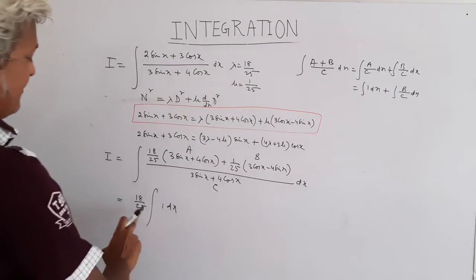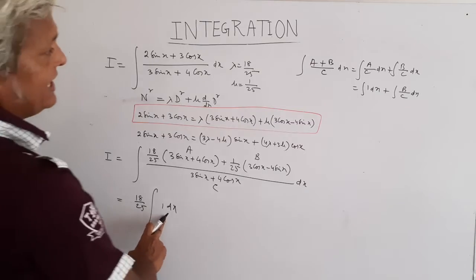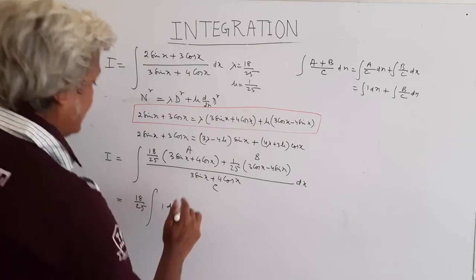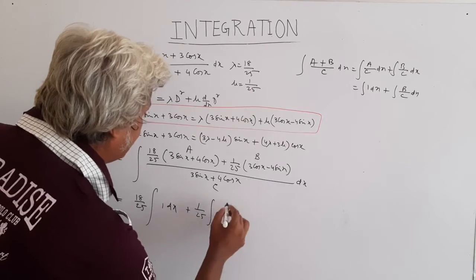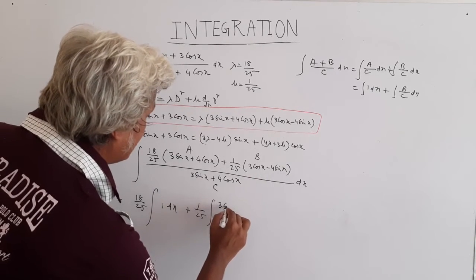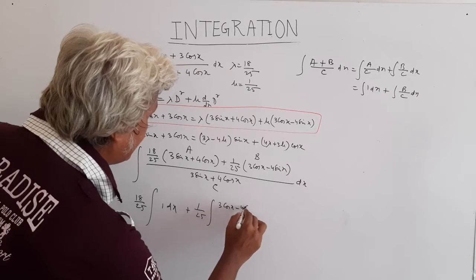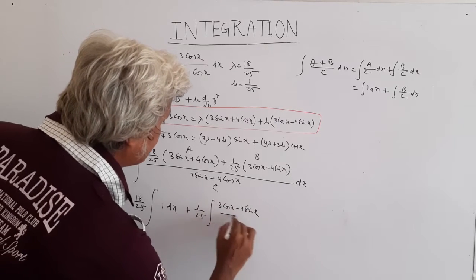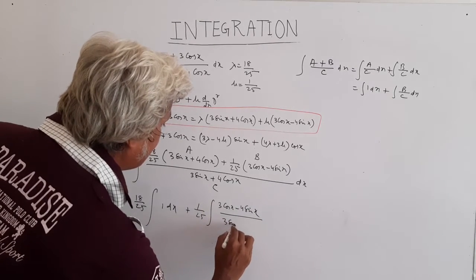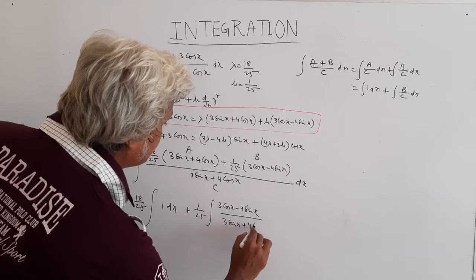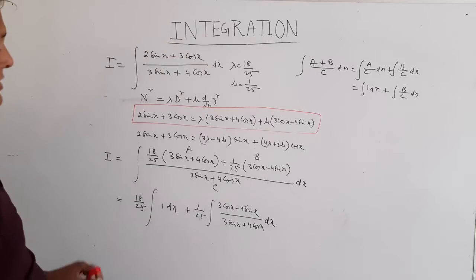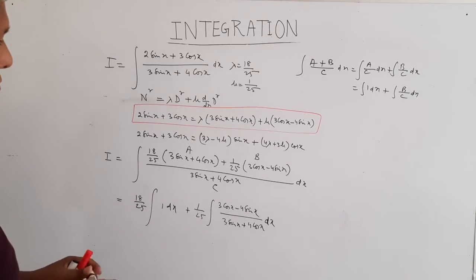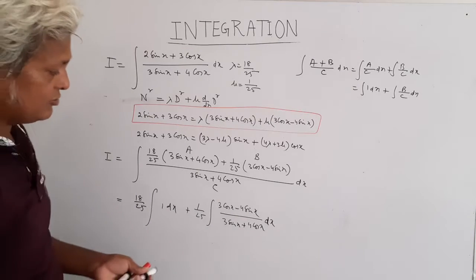So this part I have found, 18 by 25 times integral 1 dx, this one, and here I write 1 over 25 times integral of 3 cos x minus 4 sin x over 3 sin x plus 4 cos x dx. So now you see, we have reached almost to the end of this whole solving.